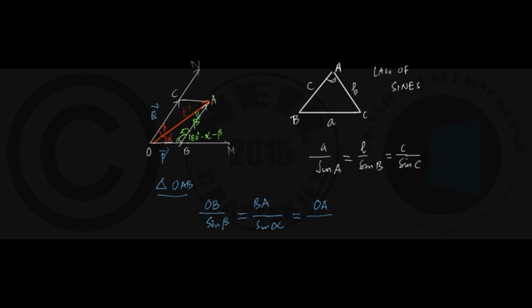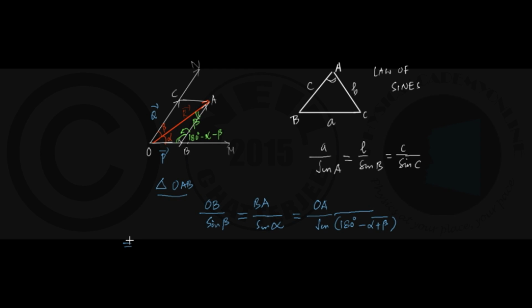So I write here sine of 180 degrees minus alpha plus beta, like this.